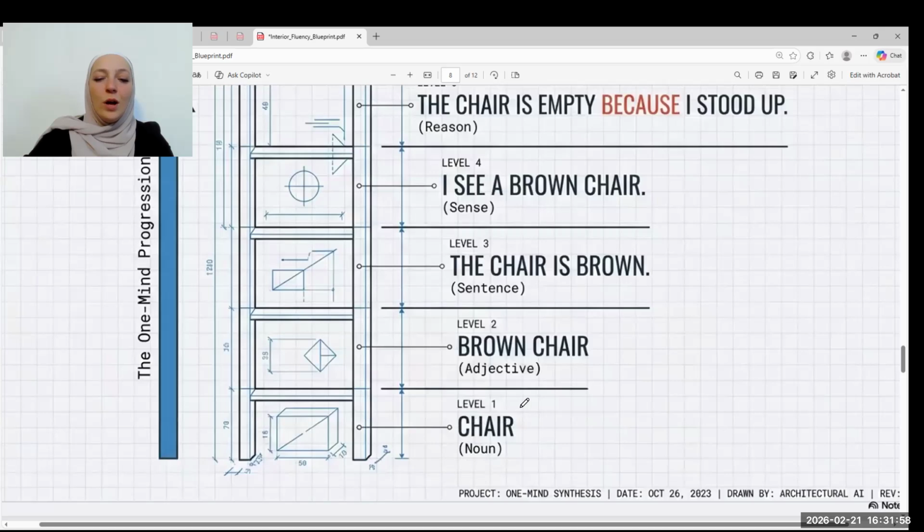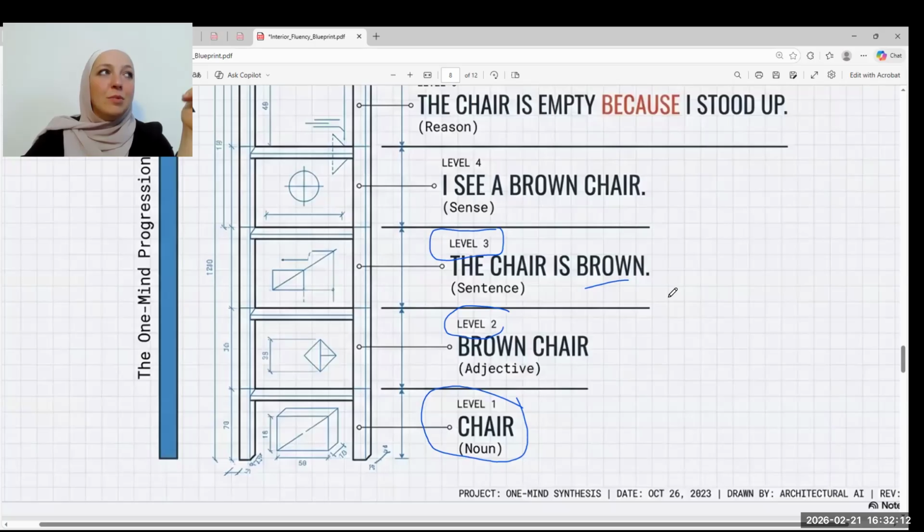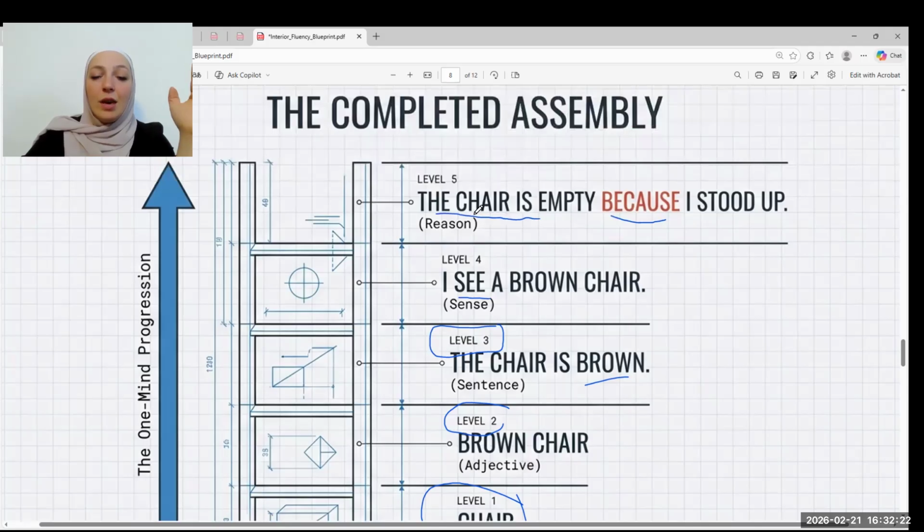Moving on to the completed assembly. From level 1, mentioning only the noun, the material, to adding an adjective, adding a sentence, like a whole sentence, is brown, the color, the adjective, whatever it is, beautiful, comfortable, and so on. And then you will add the sense, after the sense, the reason, like because, and then you're there.